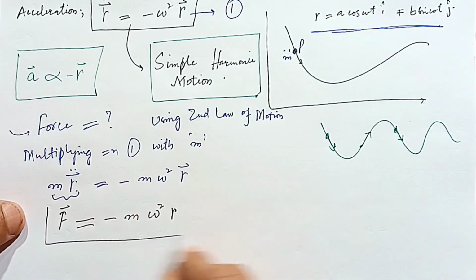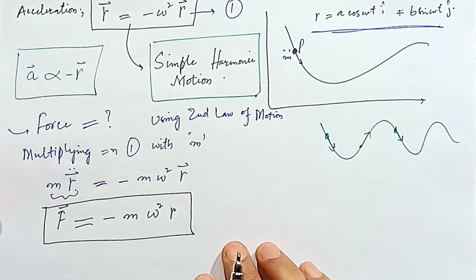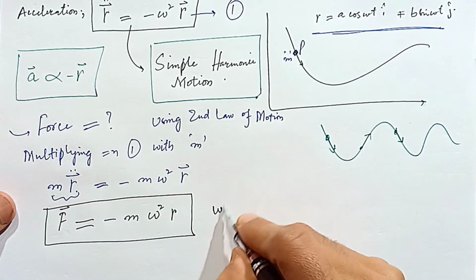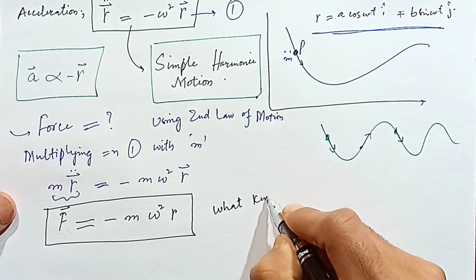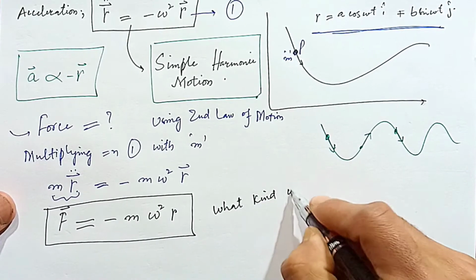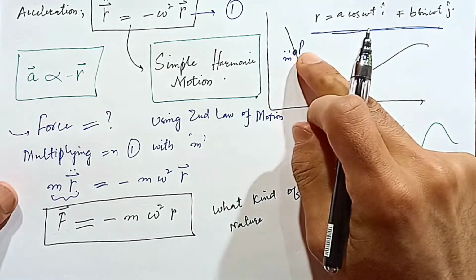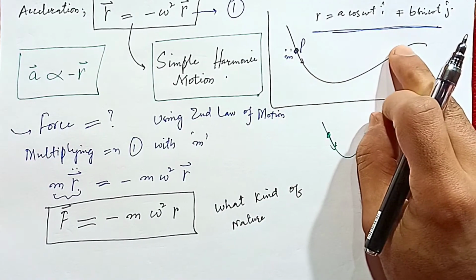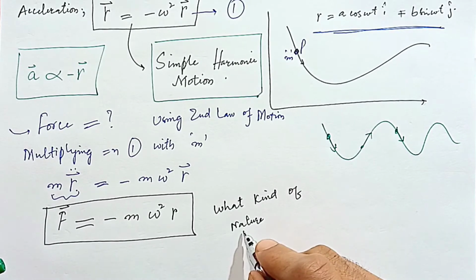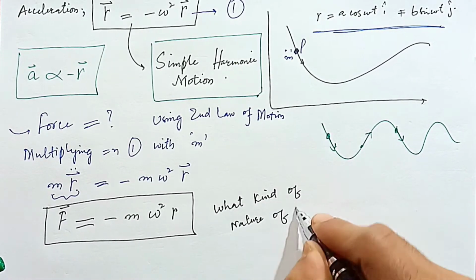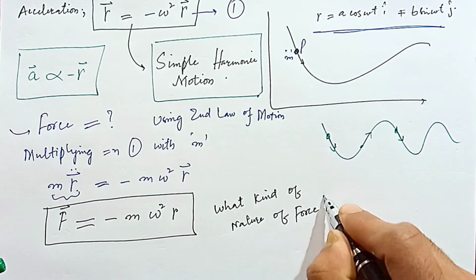This will be the force applied onto this body. But we have to find the nature of the force, what kind of force is applied onto this very particle. So we have to discuss the nature of force F.